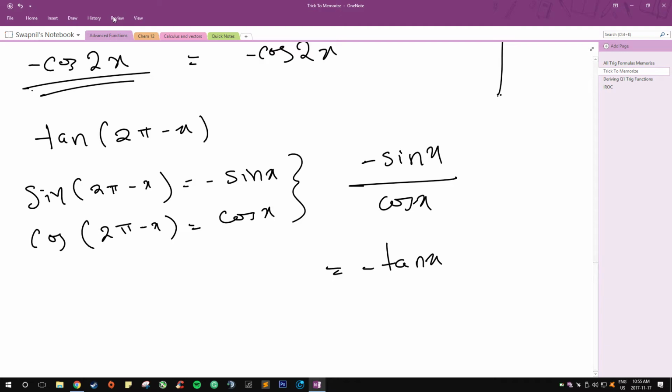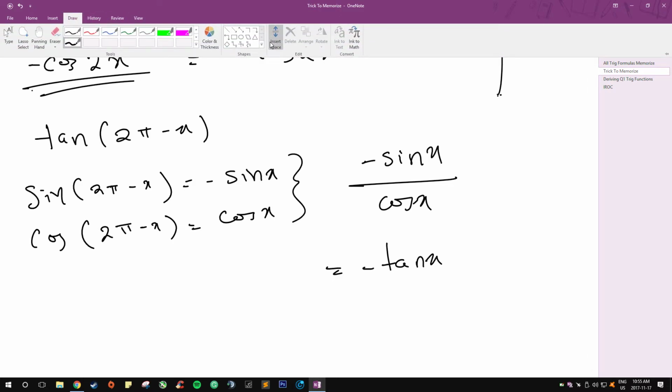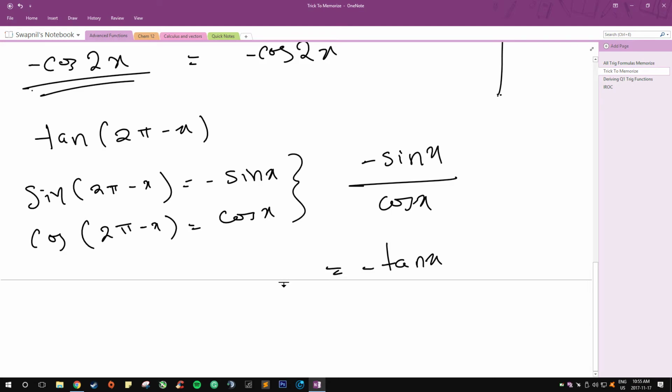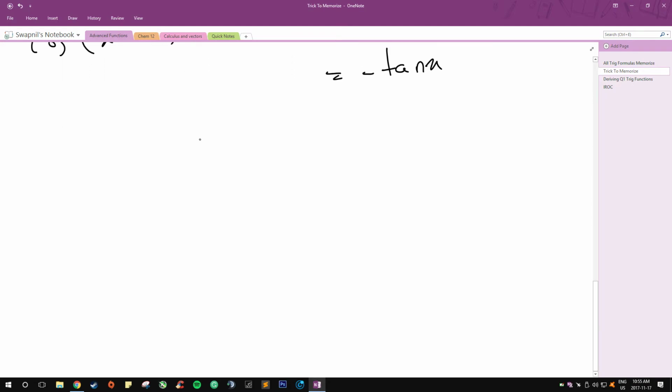What else? Let's see. If you had another tangent example, basically, if you had tan of pi over 2 minus x, this would be the cotangent of x. Why? Let me show you. Tangent of pi over 2 minus x.